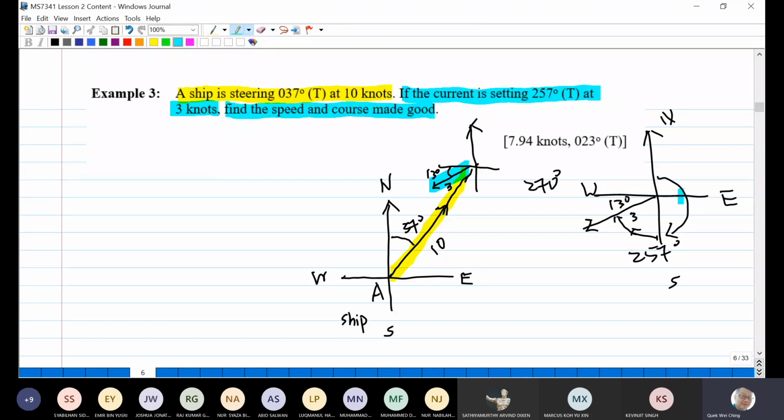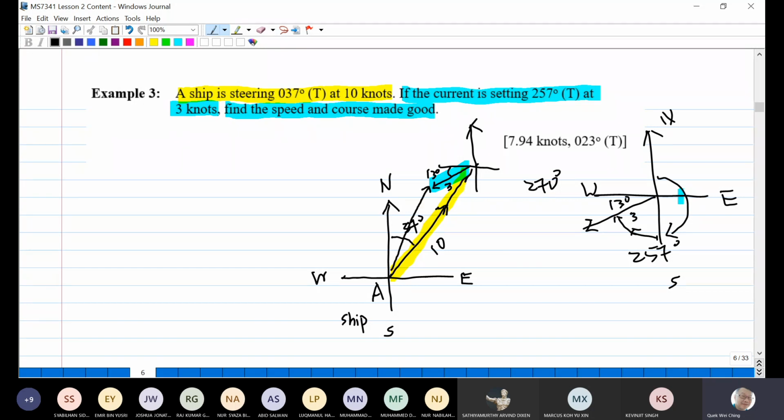The ship is moving at 10 knots, but the current is moving at 3 knots in an almost opposite direction. So the speed will be somewhere here. You need to know the length here.